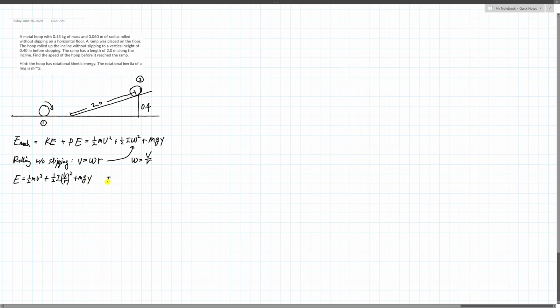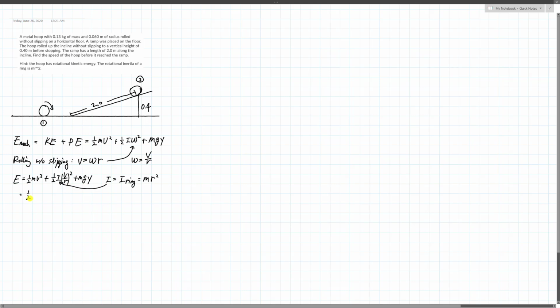And this I is I of a hoop or ring, right? I ring, and that's mr squared. So I can plug it into the energy term.